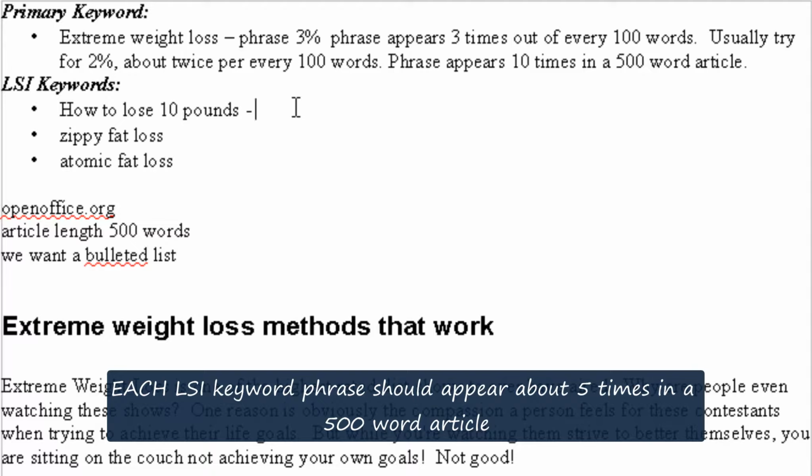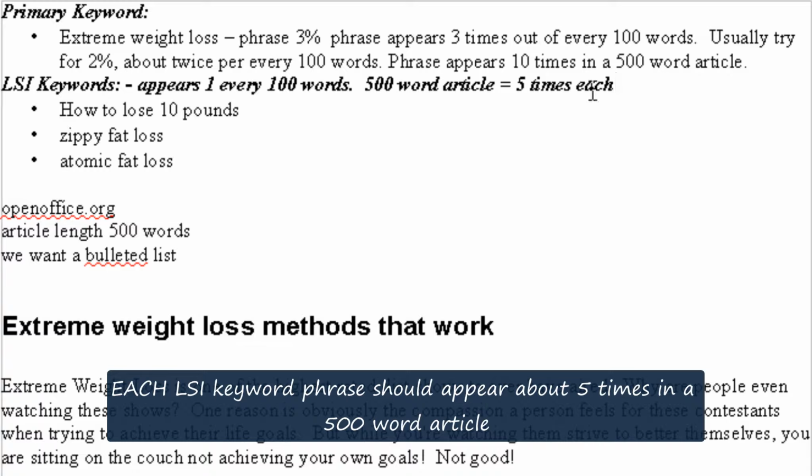So personally, I try to get the phrase to appear for each one of these LSI keywords, I guess I should put that up here just to make it a little less confusing, once every 100 words, or in a 500 word article, 5 times.